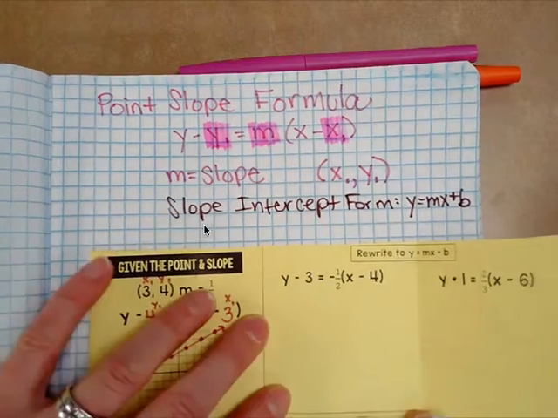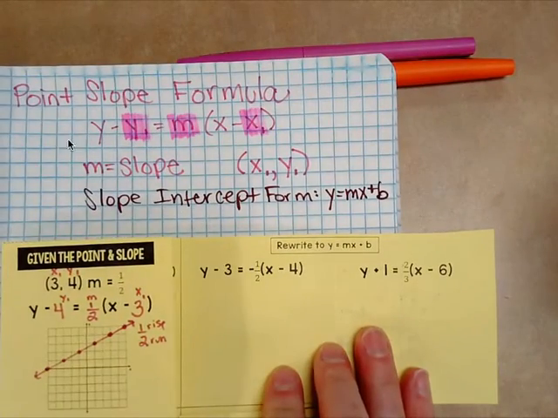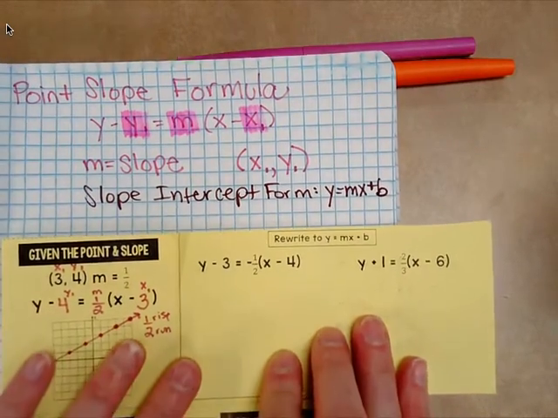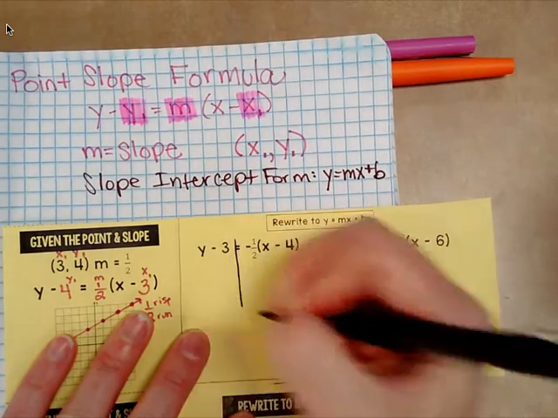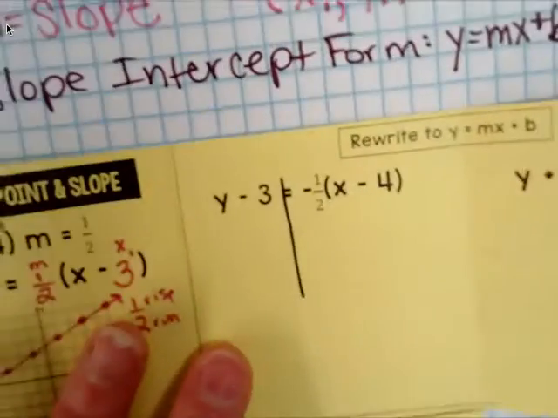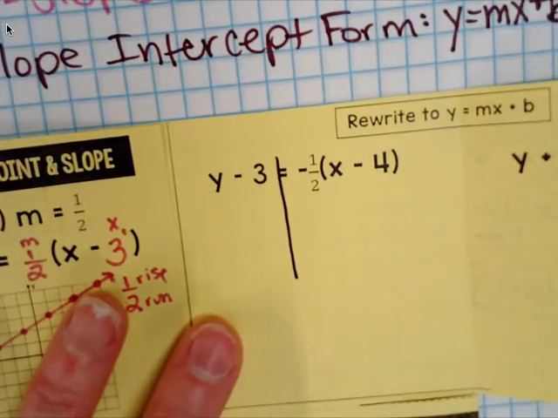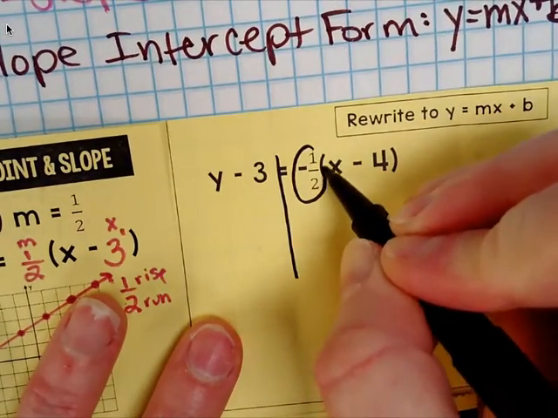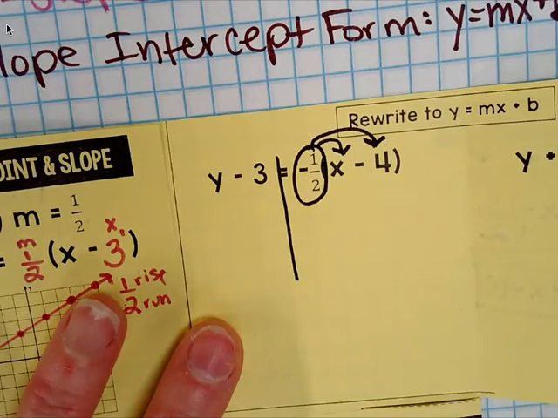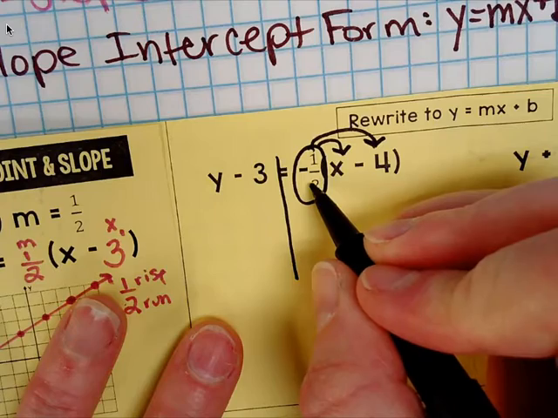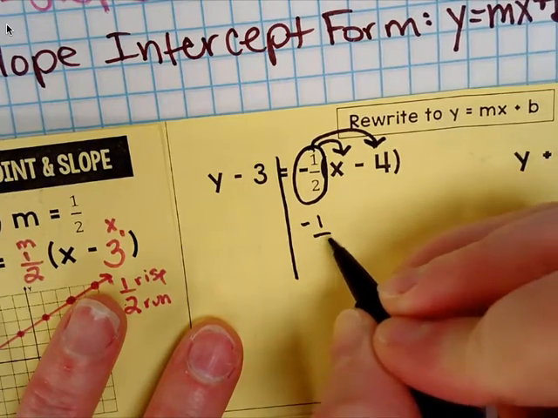So we need to finish these last 2 examples. In order to write in slope-intercept form, we need to solve for y. So if I know I'm solving for y, I'm going to put a line down my equal sign. I need to distribute the number out front of the parentheses. Negative 1/2 times x would just be negative 1/2 x.